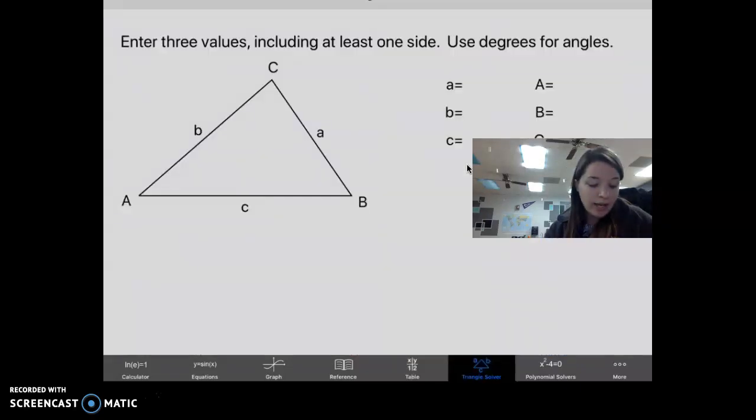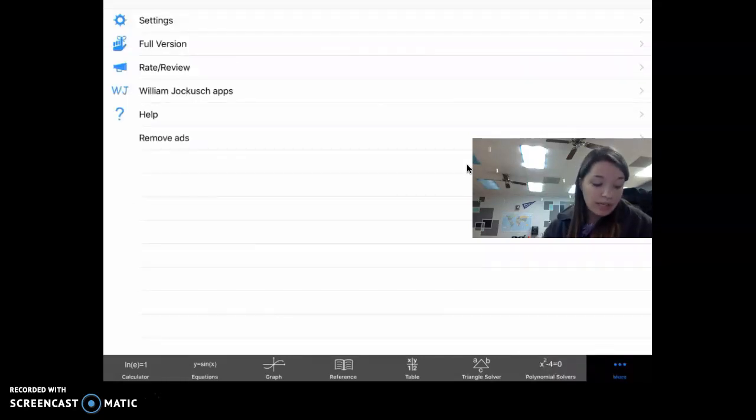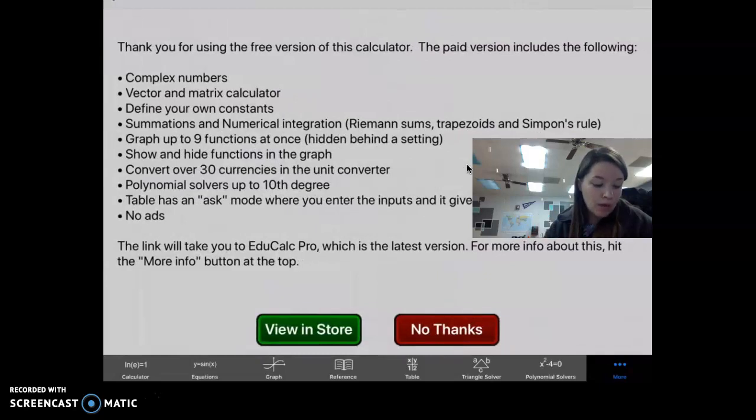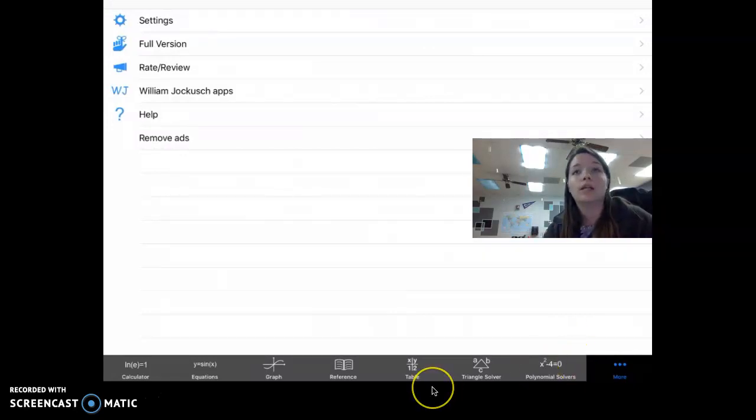It even has a triangle solver, which I don't usually use. I don't teach the kids how to use it. It has a polynomial solver, which I think is new. And then it has a more setting. So if you want, again, this is a freebie up until so much, and then you'd have to buy the access version. But for what my students need, this is all that they need.